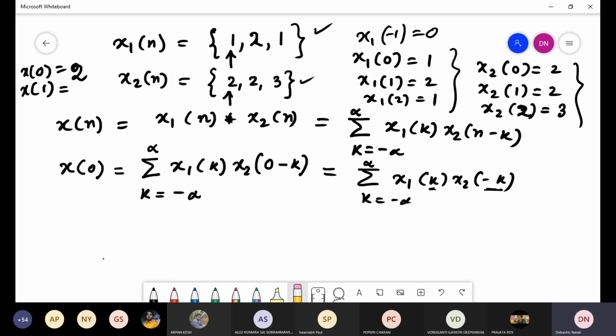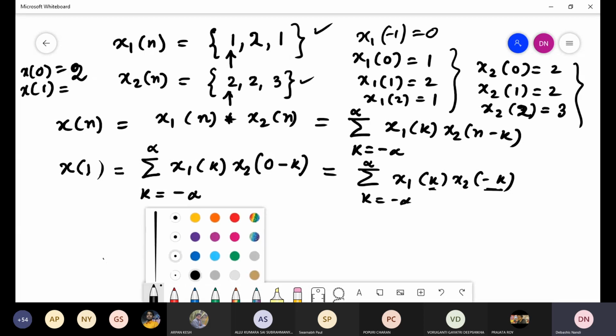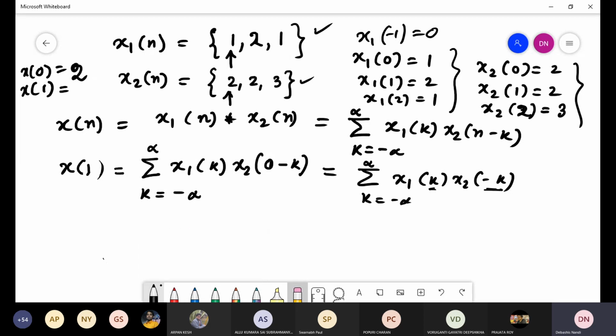Suppose you want to find out x[1], that means here in place of 0 you have to write 1, then here also in place of 0 you have to write 1. So it is now 1 minus k. So this is now the summation, okay, x[1] is equal to this.